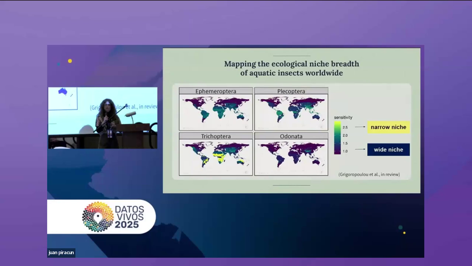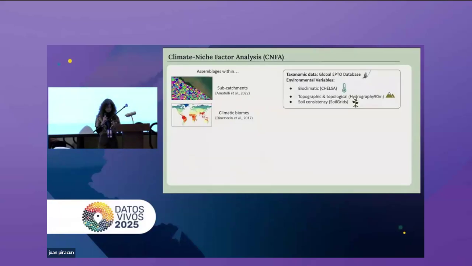And then I tried to assess these patterns based on some hypotheses that try to explain the latitudinal gradients. Sorry, about the methods. Yeah, so the spatial units for the analysis were the subcatchments from the hydrography, while I reconstructed the niches using bioclimatic data from CHELSA and also topographic variables from the hydrography and soil consistency variables.